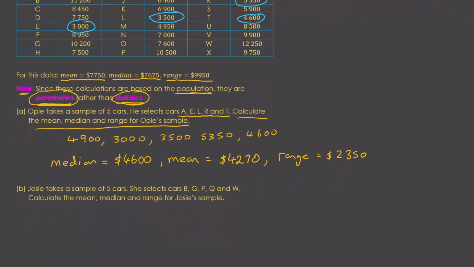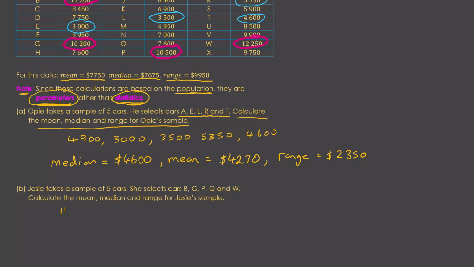She takes B, G, P, Q, and W as her sample. So that's going to be B, G, P, Q, and W. So let's just write those down.